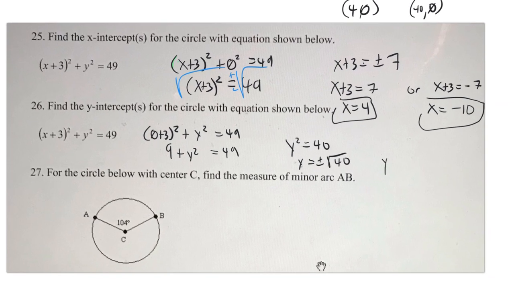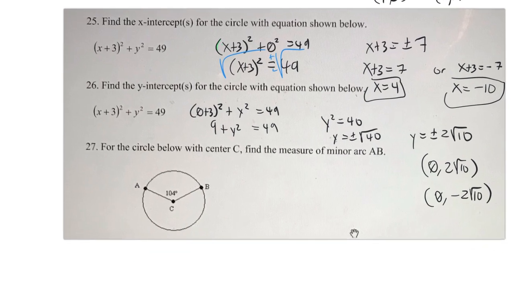Radical 40 could be simplified into 2 radical 10. So the y-intercepts would be (0, positive 2 radical 10) and (0, negative 2 radical 10). Those are the y-intercepts.